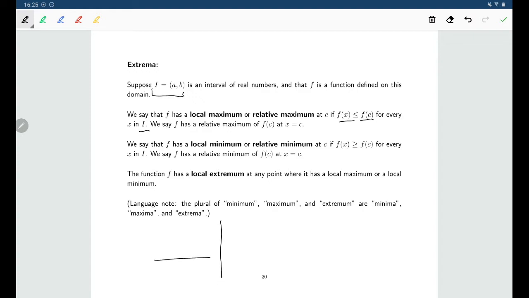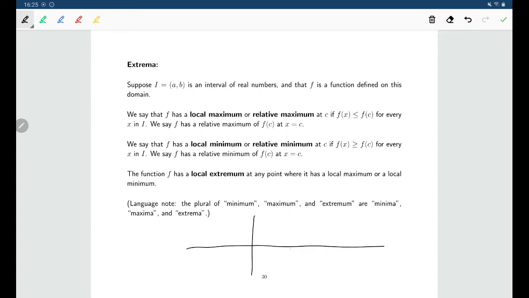So if you're thinking about a function that wiggles along like this, and if we're thinking about this as being our interval from A to B, you would call this point a local maximum because its y value is the largest of all of these points in that little interval. And similarly, you could say things about local minima or a relative minimum.